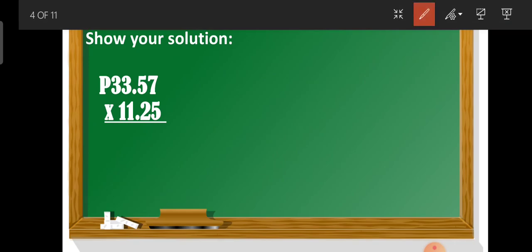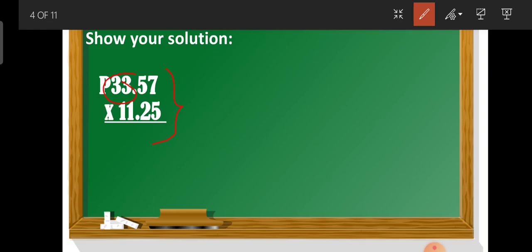So these are the factors. In the first factor, the whole number is 33. The next thing to do now is look at the digit to the right of the whole number. If the digit to the right of the whole number is 5 or greater, like 5, 6, 7, 8, and 9, we need to add 1 to the whole number to be rounded.